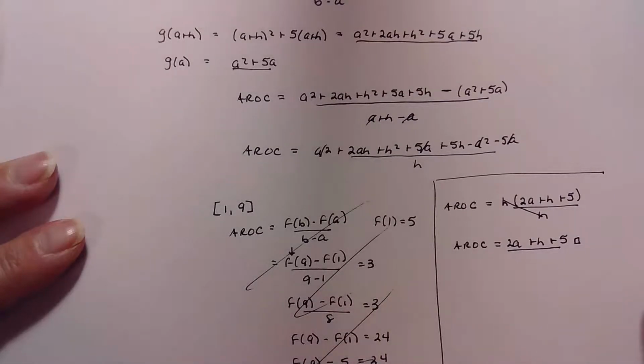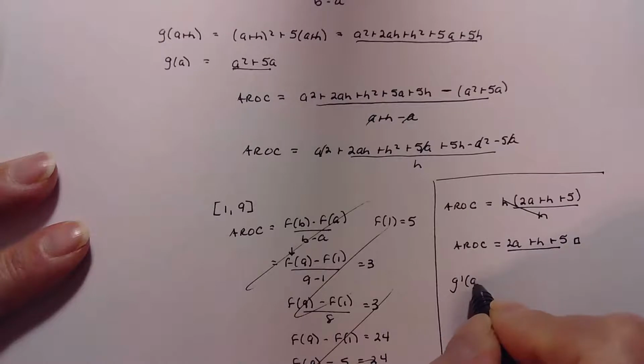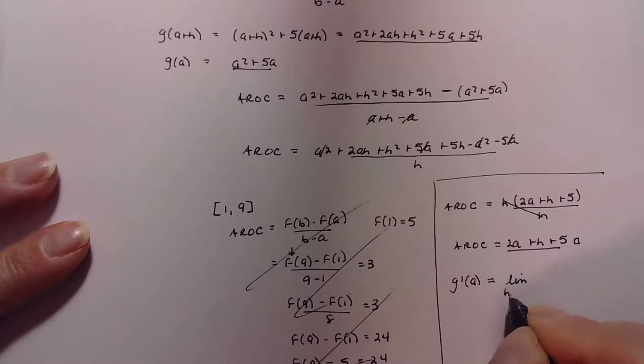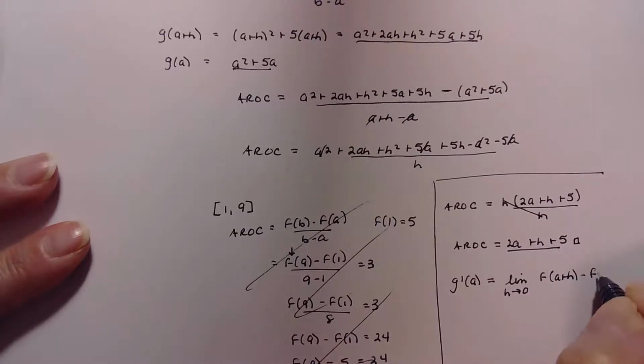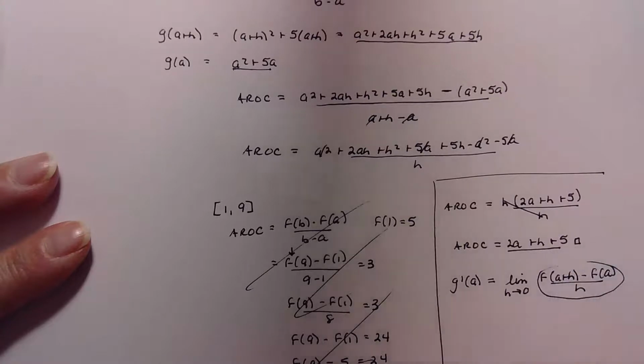And in part B, they want you to find g prime of a. Well, this means find the derivative, and the definition of the derivative is the limit as the width of the interval gets really, really small of f of a plus h minus f of a all over h, right? The limit of the difference quotient. Well, we already found this part up here. We already did the hard work.